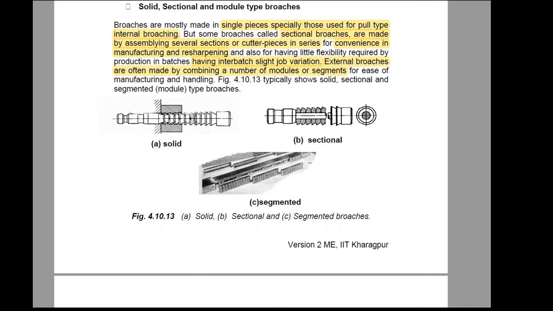This gives convenience in manufacturing these cutter pieces, and it is also easy to resharpen them. External broaches are often made by combining a number of segments or modules. In sectional broaches, each tooth is an individual piece, but in segmented broaches, a series of teeth forms one segment.